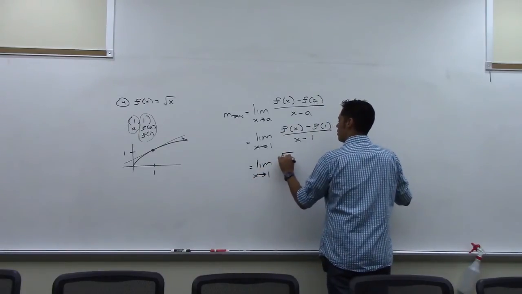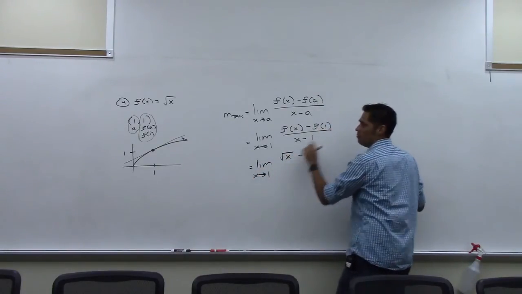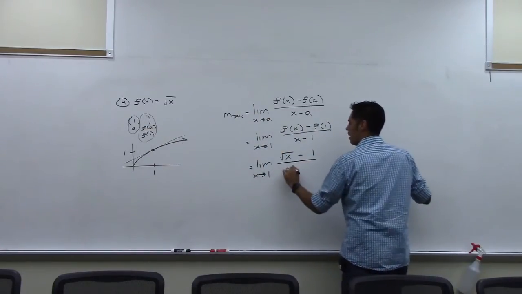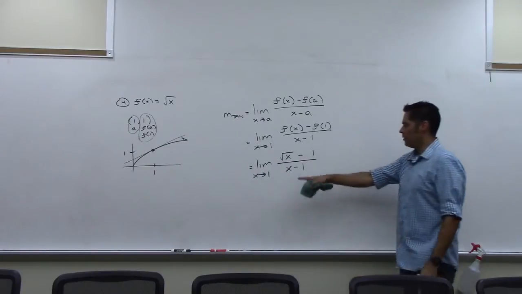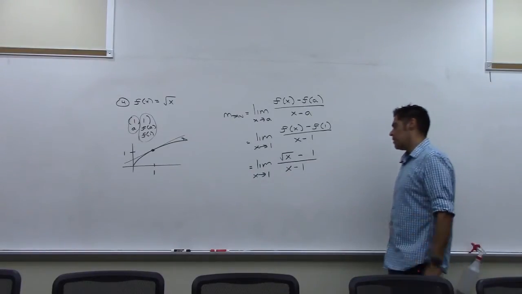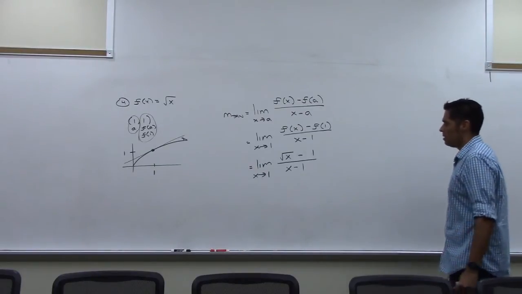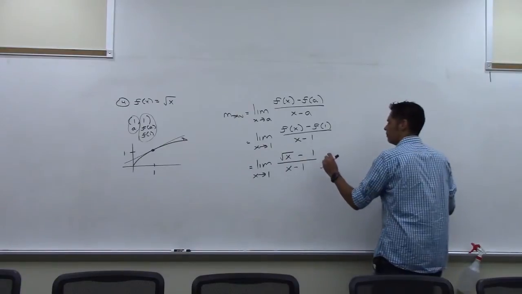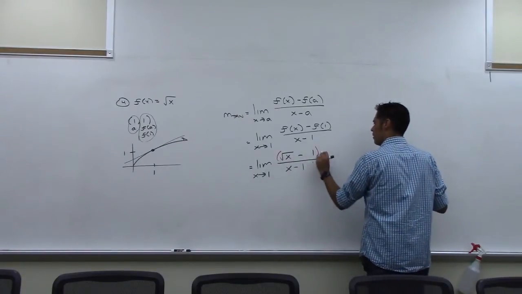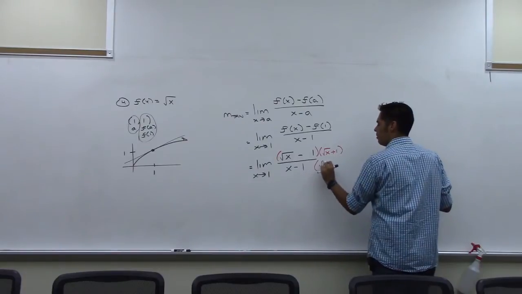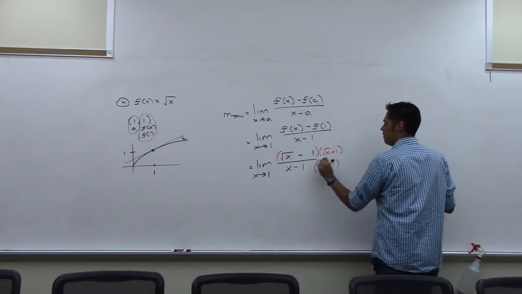So root x minus f of 1, which we already know is 1 itself, over x minus 1. And if you try and plug 1 in, we'll get 0 over 0, which is bad. So we need to do something here. And remember the conjugate, because I see a radical there. Come in with the conjugate, root x plus 1 on top, root x plus 1 on the bottom.